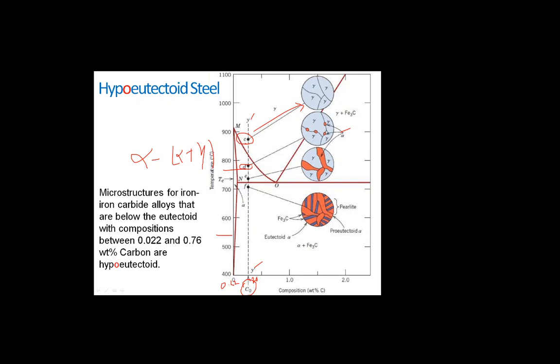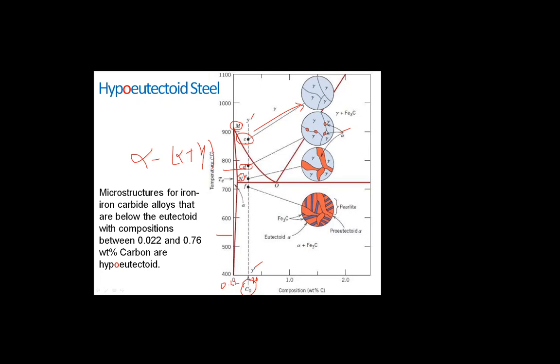This is shown as the M and N region, where the transformation is taking place and the ferrite becomes slightly richer in carbon.